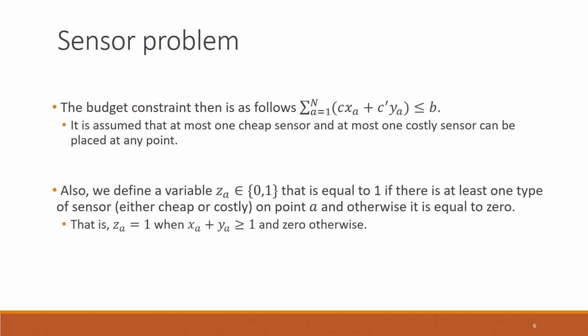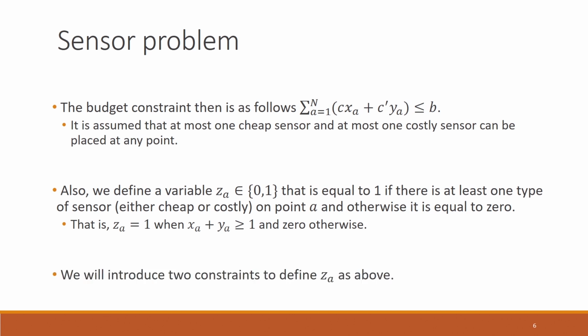Now, note that this definition of Za depends upon what values Xa and Ya will take, which themselves are the decision variables in this problem, and therefore we want to represent this definitional constraint for Za in a way that it can be represented in the form of inequalities rather than having this "when" condition while defining Za.